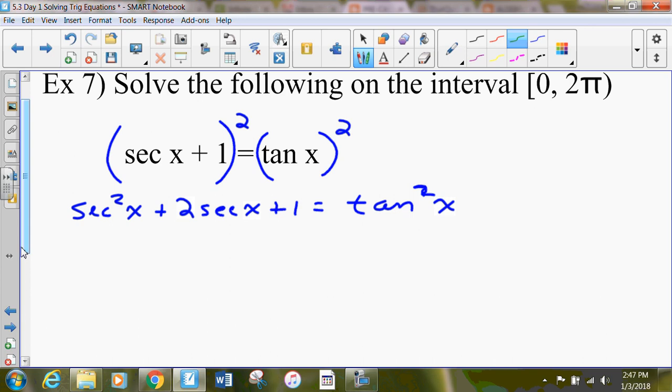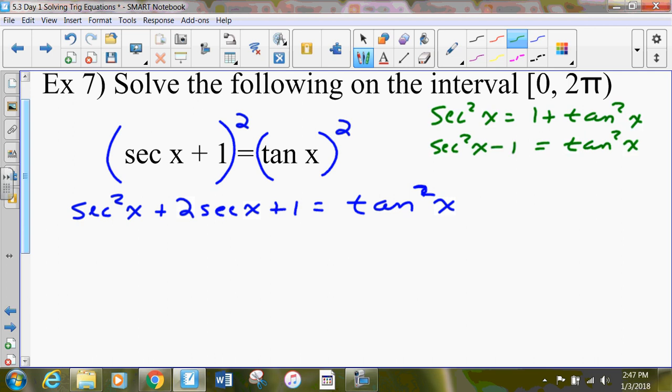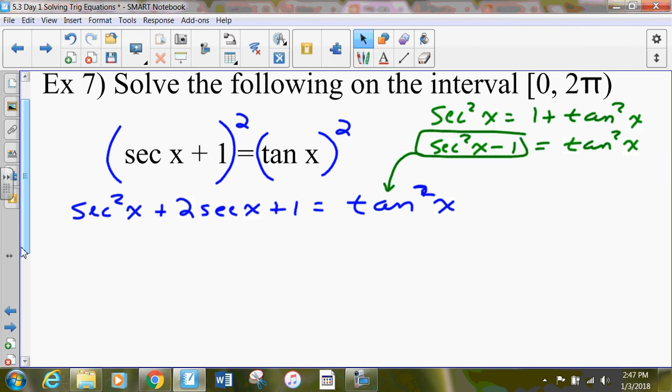I know that secant squared x equals 1 plus tan squared x. If I wanted to isolate tan squared x, I'd subtract 1 from both sides. So since this equation tells me tan squared x is the same thing as secant squared x minus 1, I am going to use substitution and plug that in.